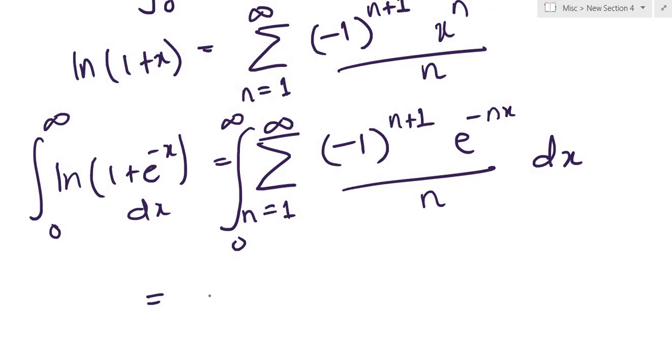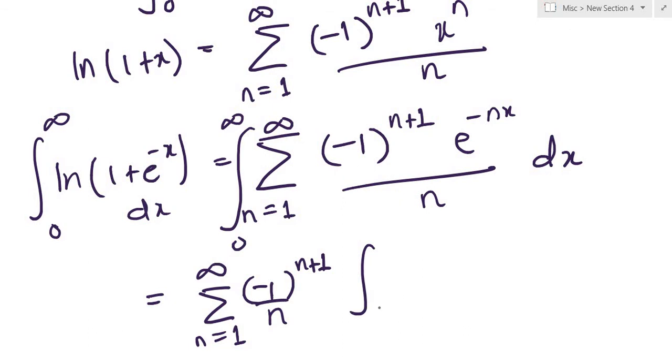So we just have the sum from n equals 1 to infinity 1 over n, with a negative 1 raised to n plus 1 on top, times the integral from 0 to infinity of e raised to negative nx dx.